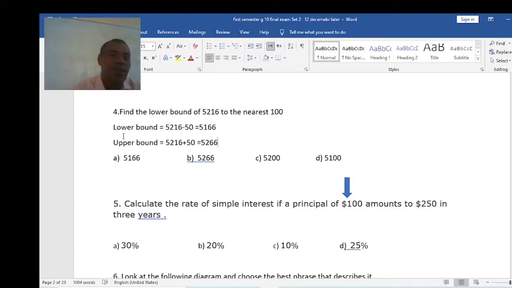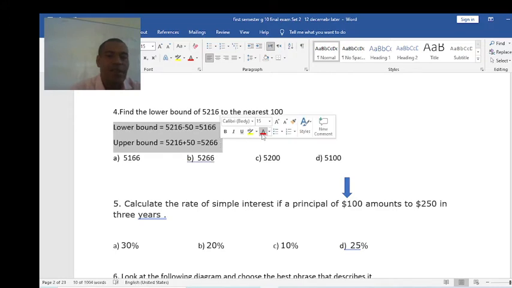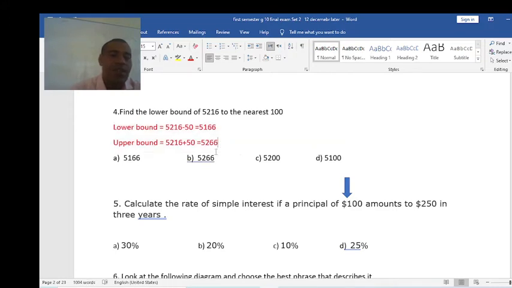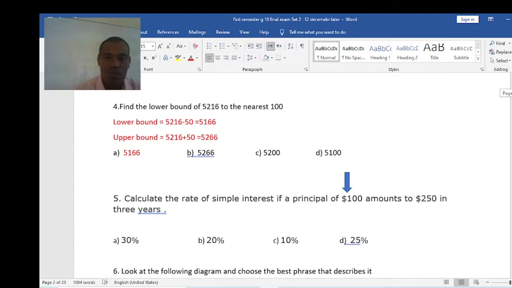So this is how you find the exact value. 5,266 is the upper bound, and 5,166 is the lower bound. So the correct answer, my learners, don't just choose any answer, you should use your mind, so then you can compare your answer with the options that will be given.